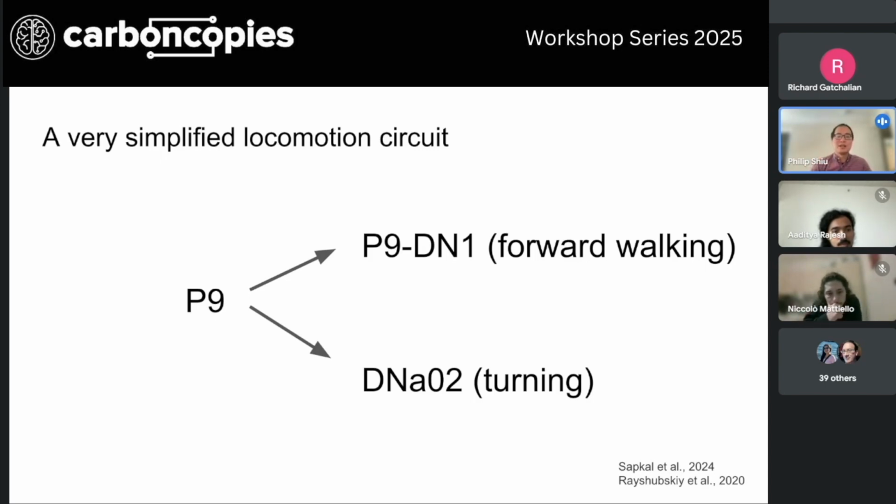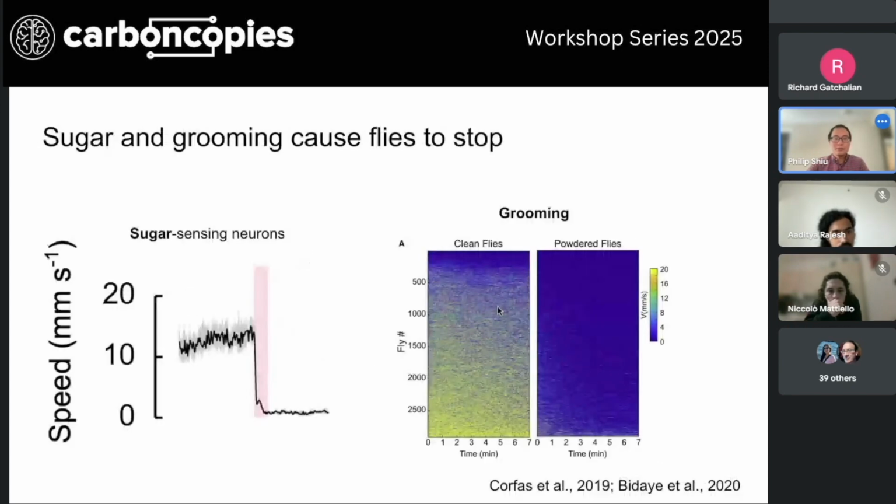If you activate DNAO2, on one side of the fly or the other, the fly will turn towards the side that you activated. So for our purposes, P9DN1 controls forward walking and DNAO2 controls turning.